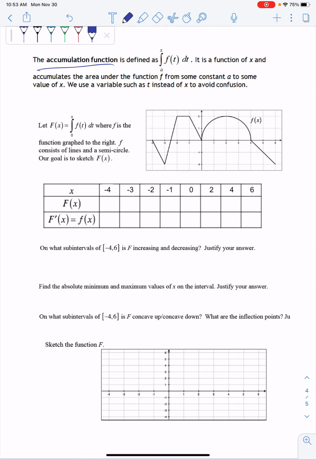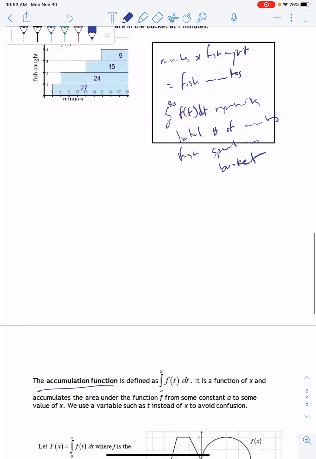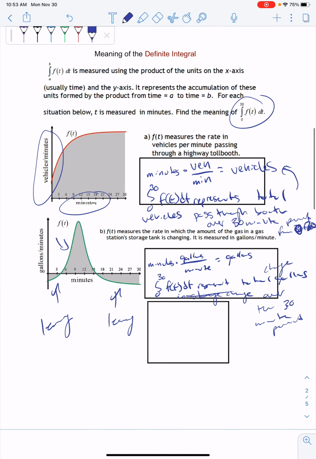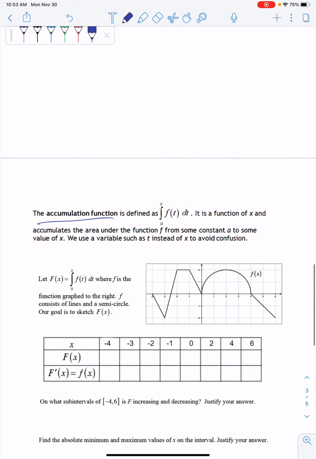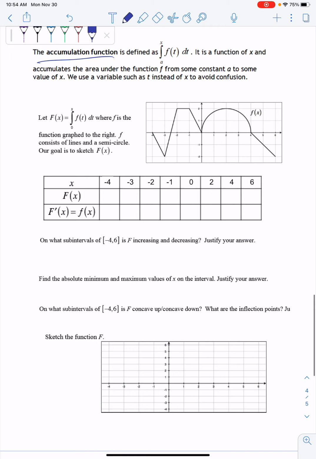Well, we already knew that. We knew that we are accumulating the fish minutes, the amount of gas that's been changed, the number of vehicles that passed through at a certain time.